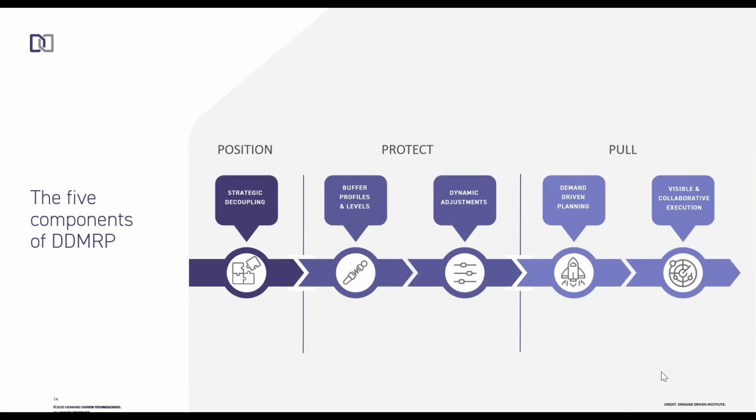As we implement DDMRP, these are some of the various steps involved. This first one, strategic decoupling. Where does it make sense to apply those buffers? Not every item that we manage needs a buffer depending on your environment. Some might still be those buy to order, make to order items where we wouldn't necessarily have to apply a buffer.